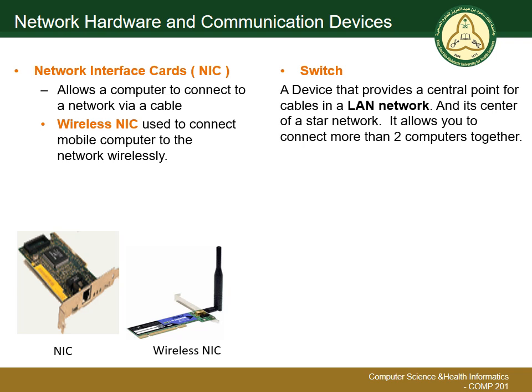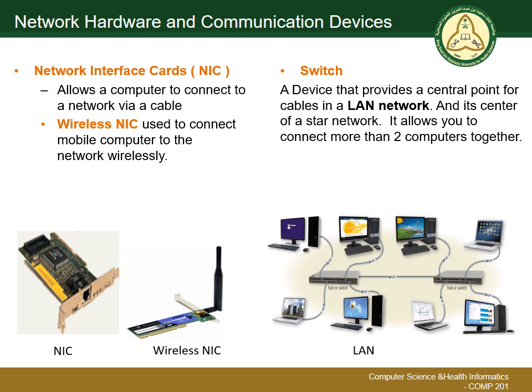So we can connect computers together as well as 2 different local area networks together. We have one network here and one network here, and the switches are connected together to connect 2 different local area networks. Also, it allows us to connect devices and form a local area network.